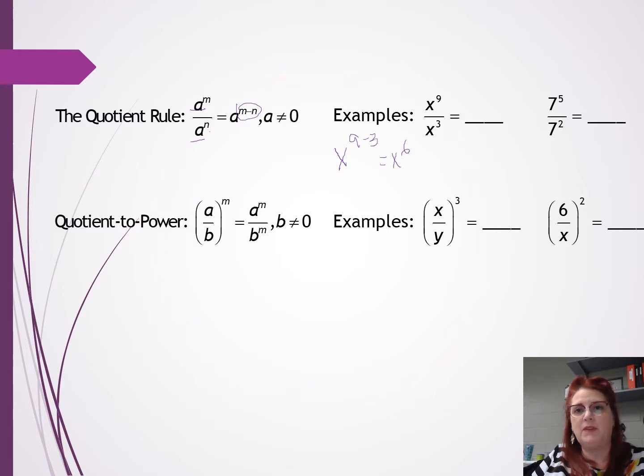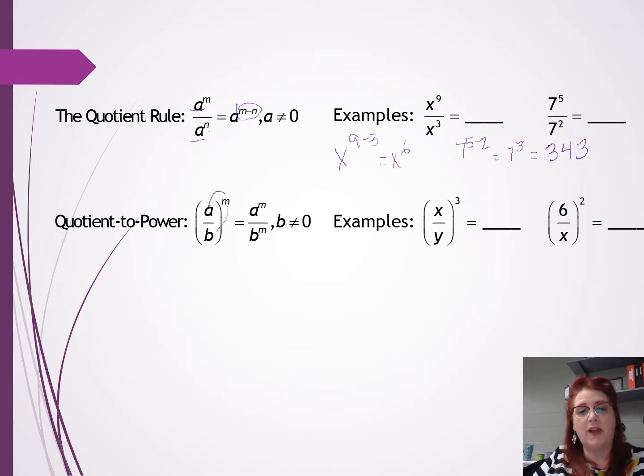Same thing with this one, the 7 to the 5th, and we're going to subtract the 2, so we get 7 cubed. Now 7 cubed can be evaluated. That's 343.